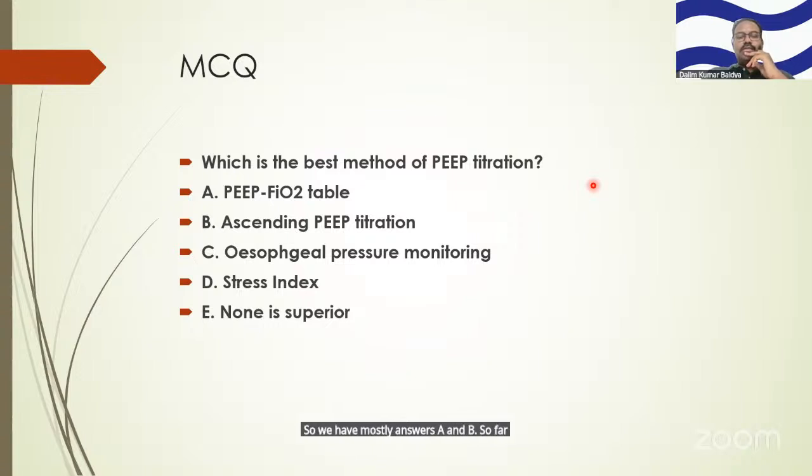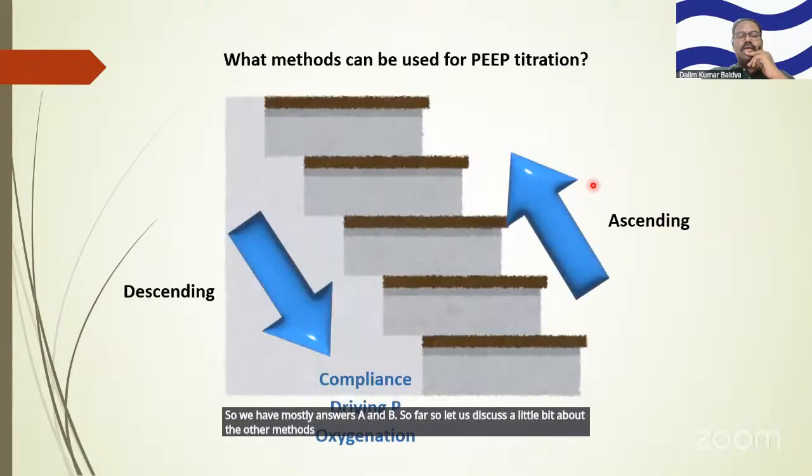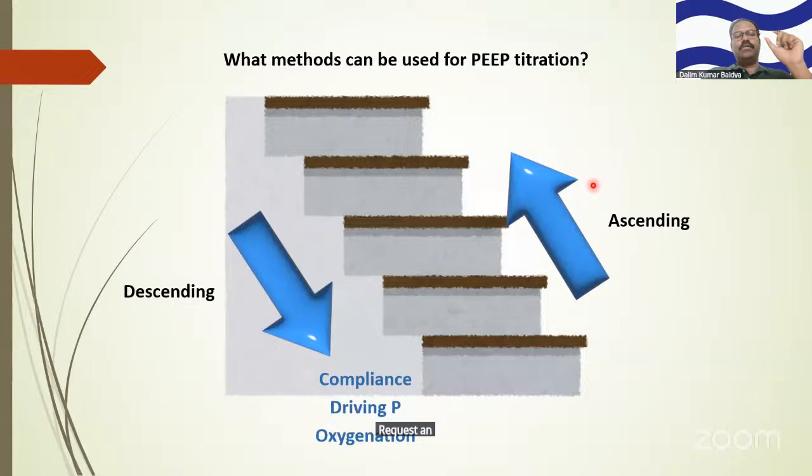So let us discuss a little bit about the other methods mentioned, like ascending or descending PEEP titration, transpulmonary pressure and stress index quickly. These are a bit difficult concepts for the anesthesiology PG, so I will request Anirban to be a bit brief and quick. Anirban, can you please explain the methods?